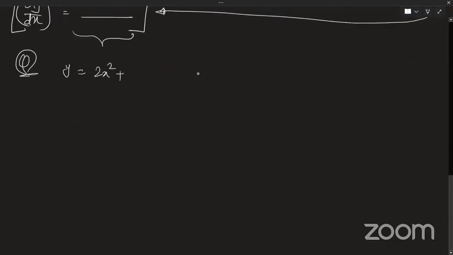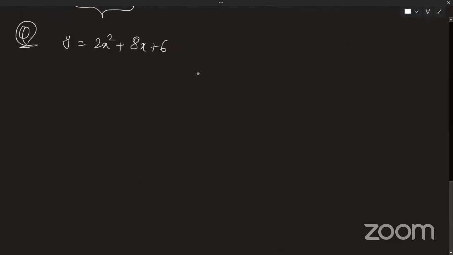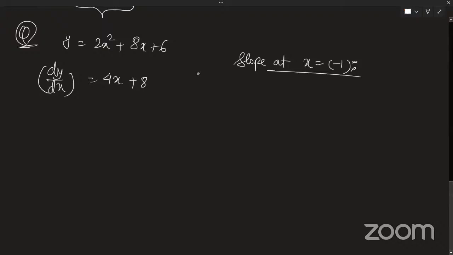Okay, so y is equal to 2x square plus 8x plus 6. So dy by dx is 4x plus 8. Okay, so what will be its slope at x is equal to minus 1? Tell me, what will be its slope?